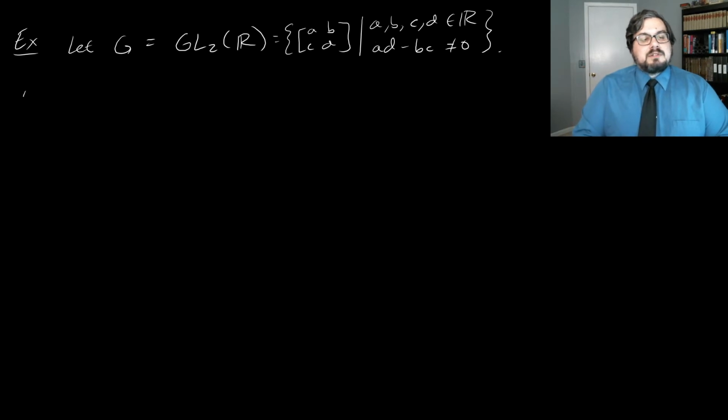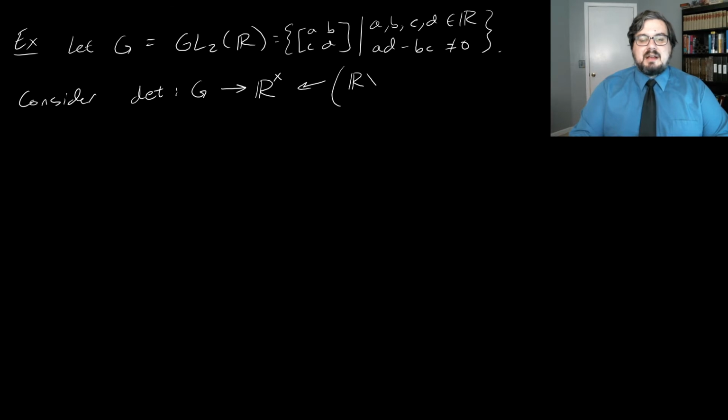And now I want to look at the function det for determinant. And det is going to go from the group G to the real numbers except 0 under multiplication. So remember, this is the set of real numbers except 0 under multiplication.